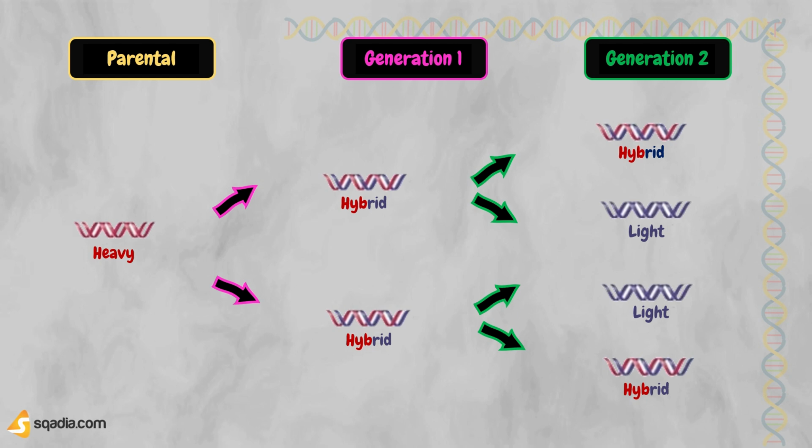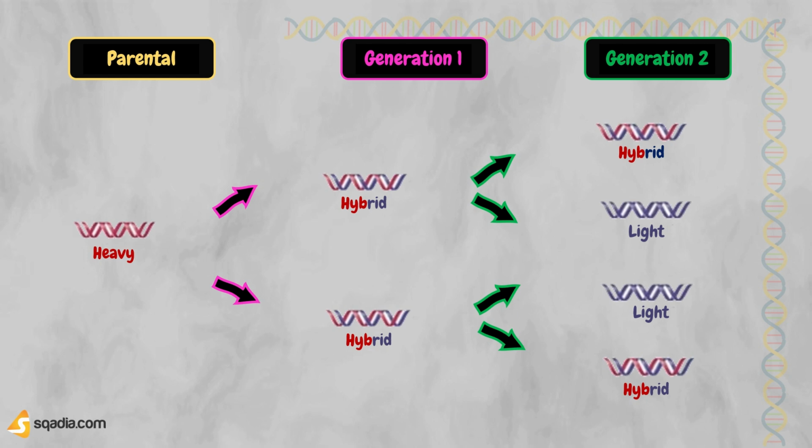In this model, the individual strands of these duplexes are entirely heavy or entirely light, but never some combination of heavy and light. This pattern was confirmed experimentally by Matthew Meselson and Franklin Stahl in 1958.